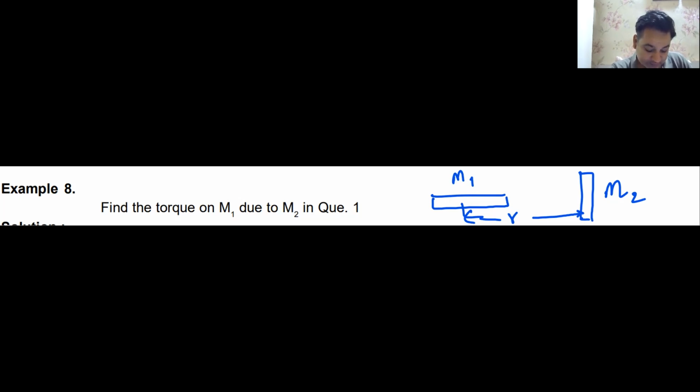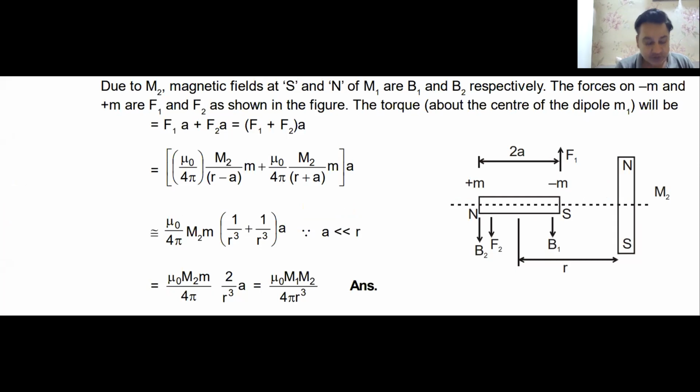Or you can do the question in this way. In any way you do it, the answer is what is written here. And remember all these answers: the force on the two dipoles when the dipoles were placed like this, the torque when the dipoles are placed like this, and the energy of the two dipoles.